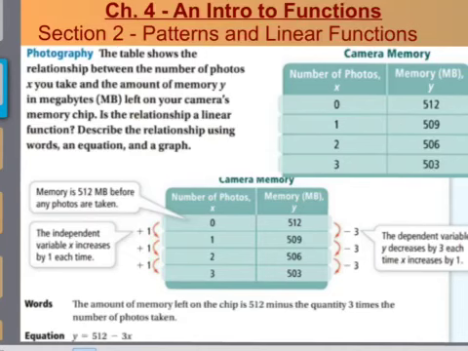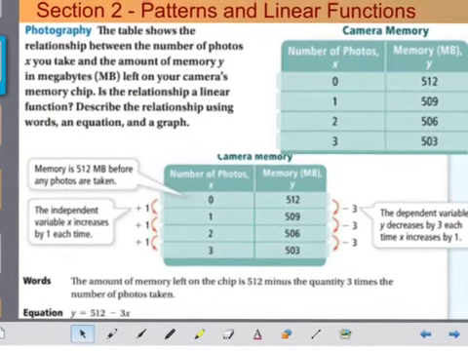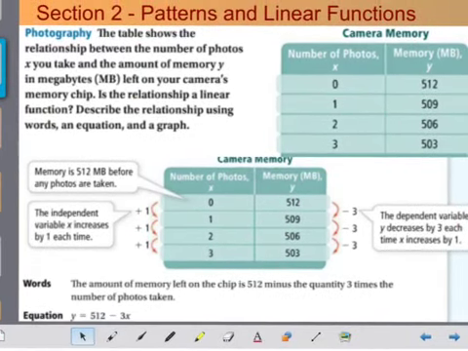So in words, the amount of memory left on the chip is 512, that's what we started with, minus the quantity 3 times the number of photos taken. Because 3 times for every 1, -3 over every 1, you started with 512, x is the number of photos.